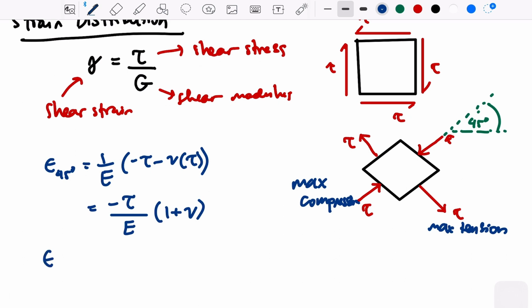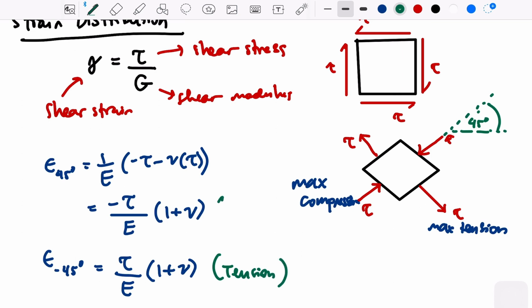And we can also write the negative part of the 45 degrees. So we can write these two strains that are related to the compression and the tension. So this will be the tension. This is compression.